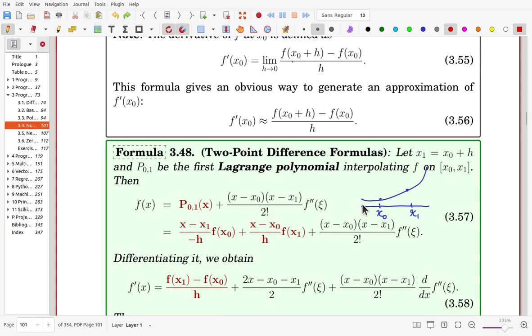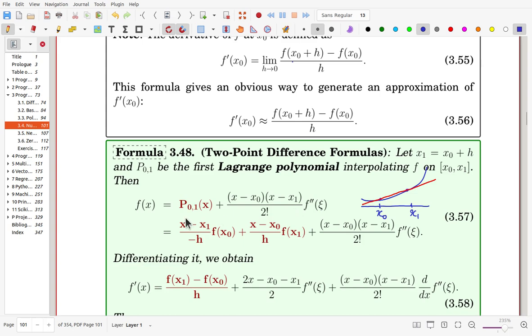Now we call this line P01. It's a polynomial passing x0 and x1. Then from the polynomial interpolation error theorem, we have an error term.